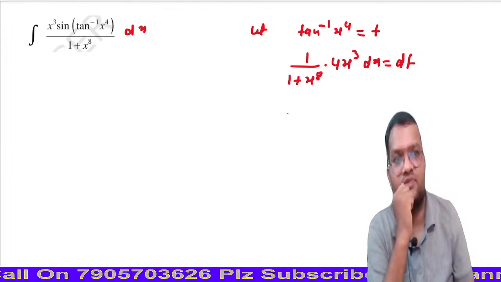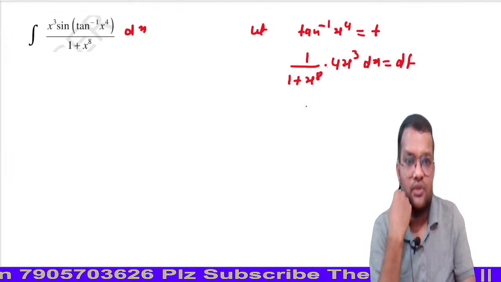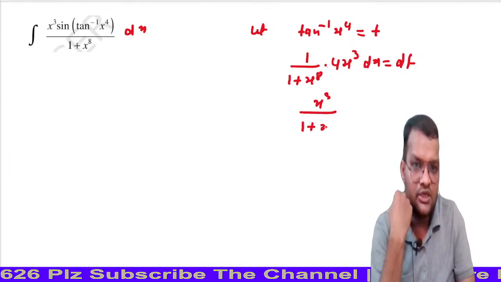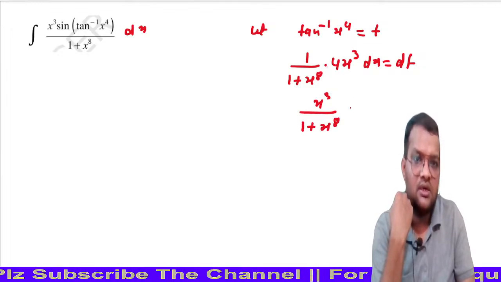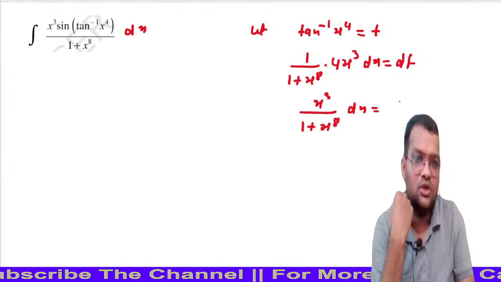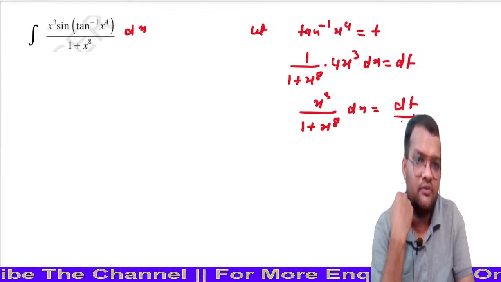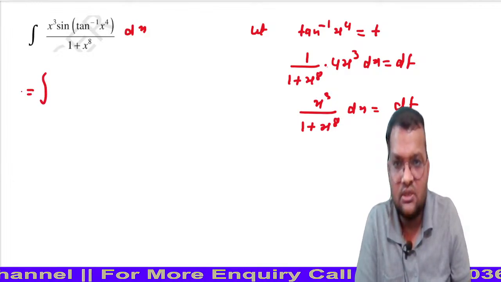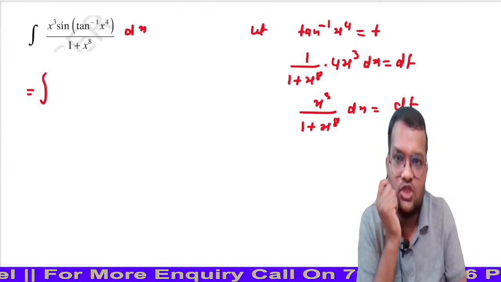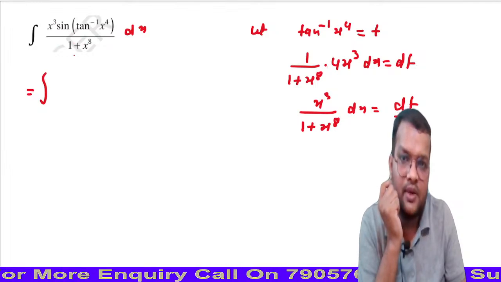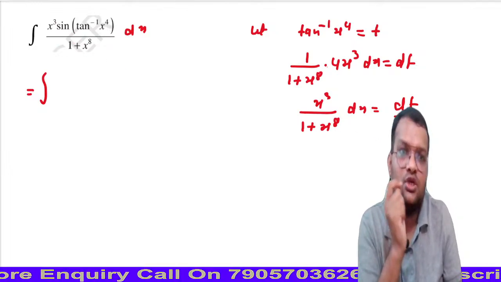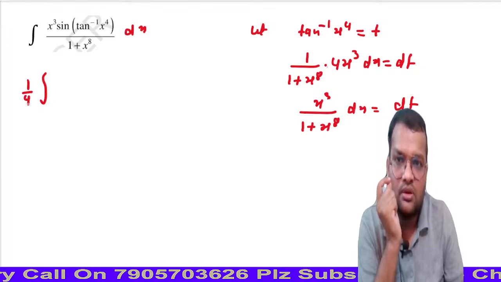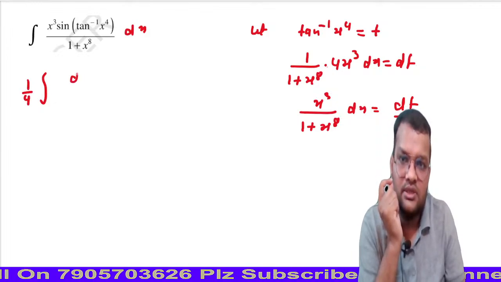Is it or not? Yes. So we can say x cube upon 1 plus x to the power 8 dx is equal to dt upon 4. Now we can replace everything into t. x cube upon 1 plus x to the power 8 dx is equal to dt by 4, so you can say 1 upon 4 here and dt.